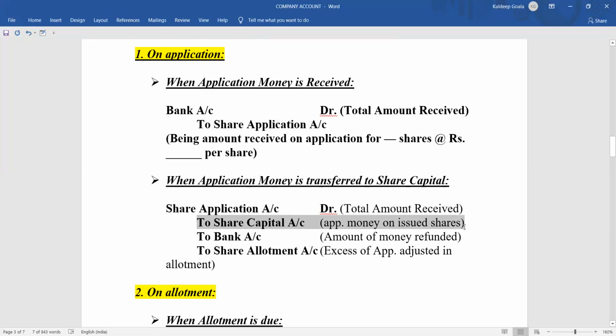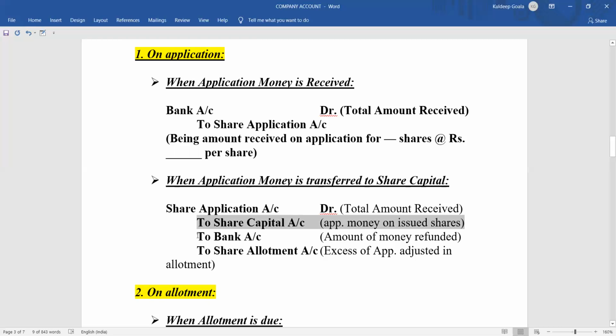If it is excess received then how much we have issued, that much you will take, and if it is less received or under subscription, then you will take only the undersubscribed amount. ठीक है, issued और subscribed whichever is less.